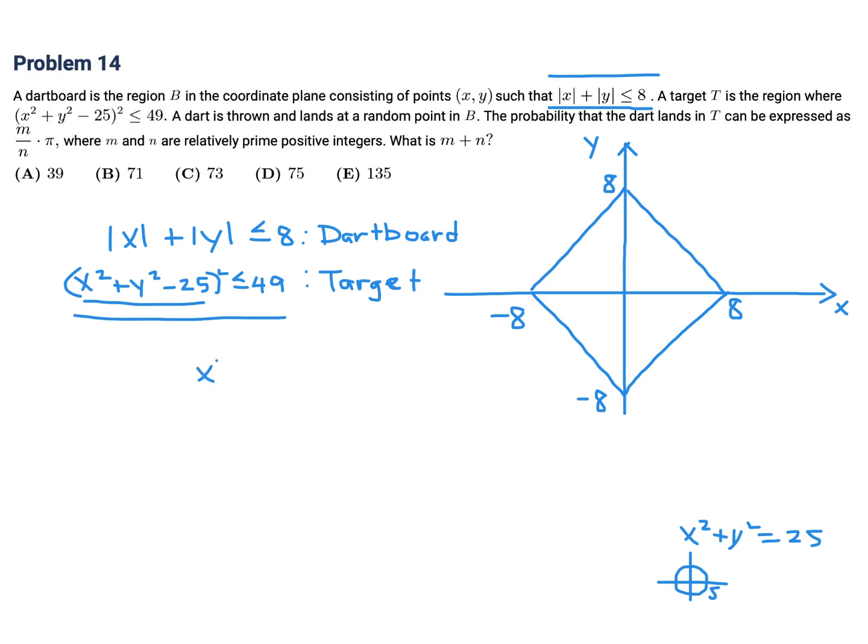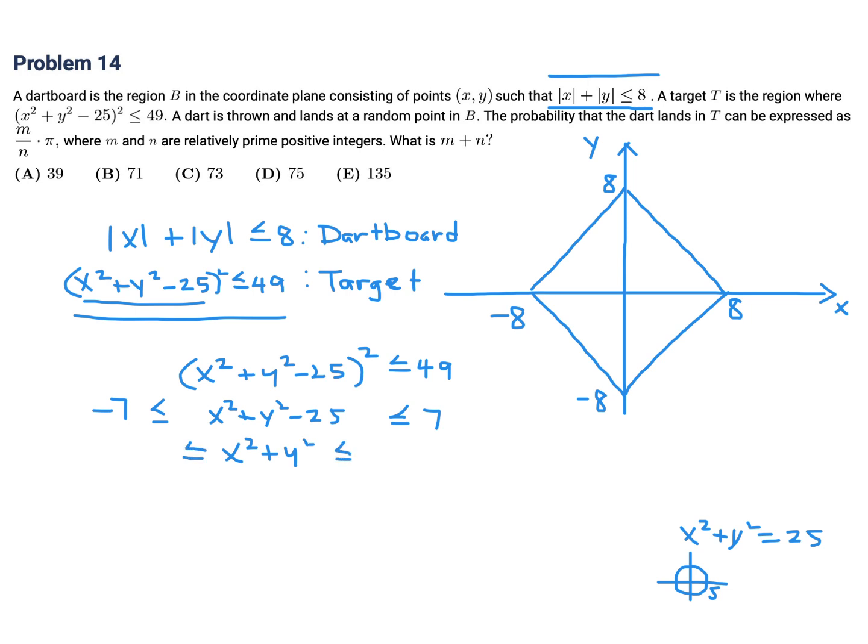If (x squared plus y squared minus 25) all squared is less than or equal to 49, if we take the square root of both sides, then that would be 7 and minus 7, and x squared plus y squared minus 25 in the middle, and then put the 25 on either side, and that would be 32 and 18.